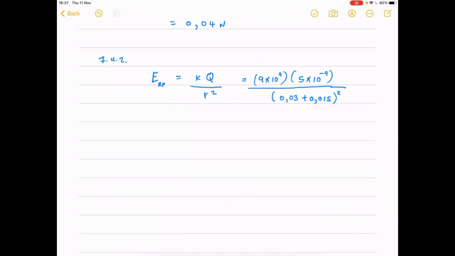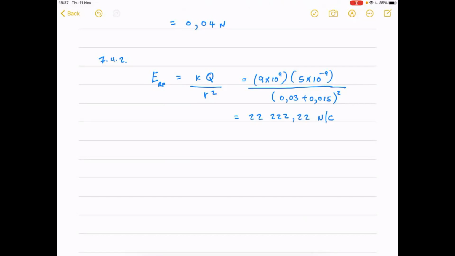When you put that into your calculator, you get 22,222.22 newton per coulomb.